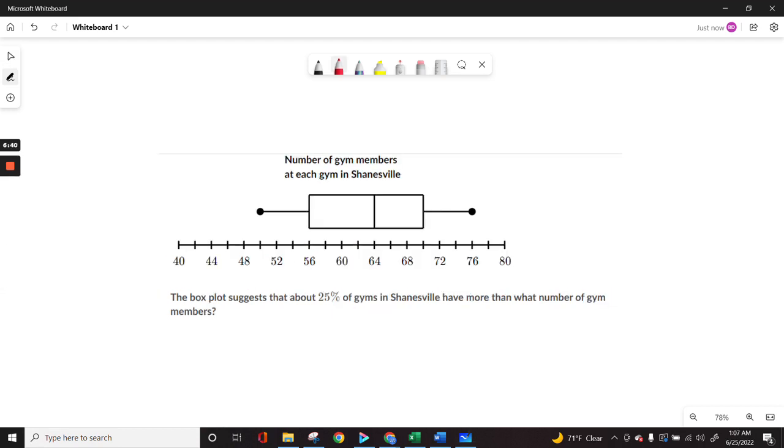This example is going to be a little bit different because it has a different question. It says the box plot suggests that about 25% of gyms have more than what number of gym memberships. So if it's 25% more, then that means it's 75% less. Okay? So if I'm going either way, I can do 25, 25, 25.